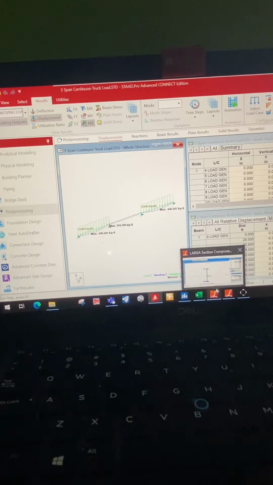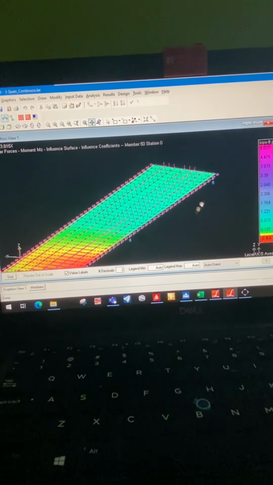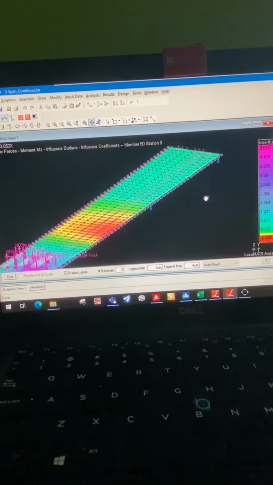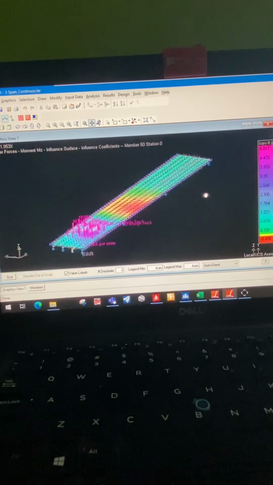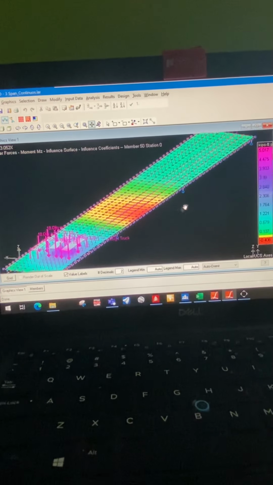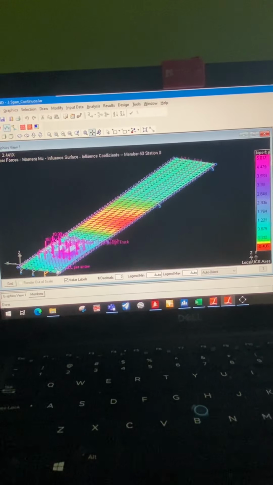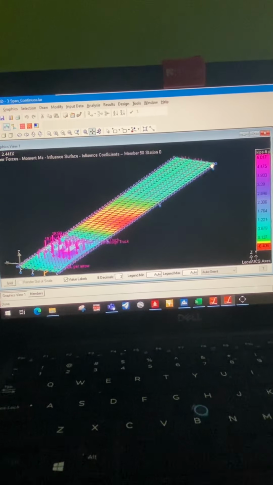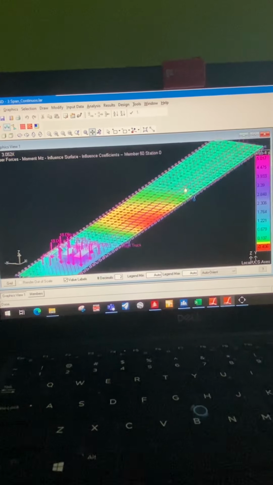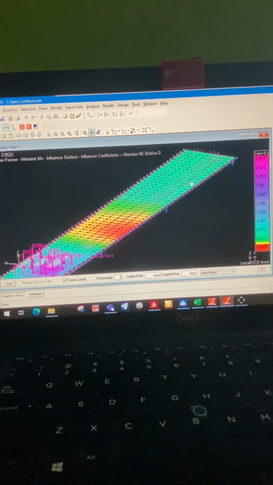If you go here, it also tells you that to get the maximum positive moment for the lane load, you have to load it here and load it here. But this was done by the software automatically.